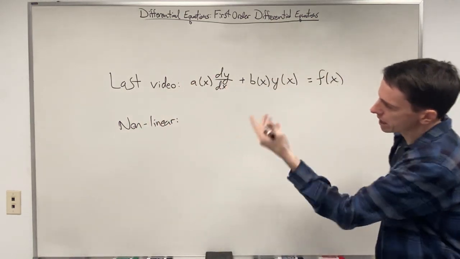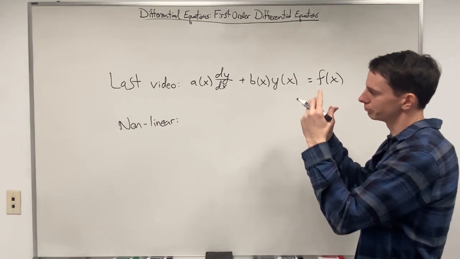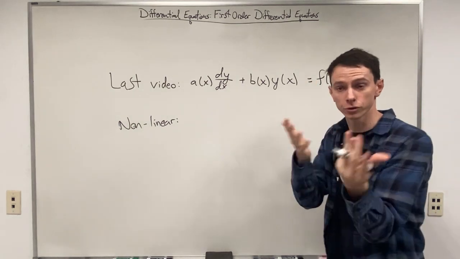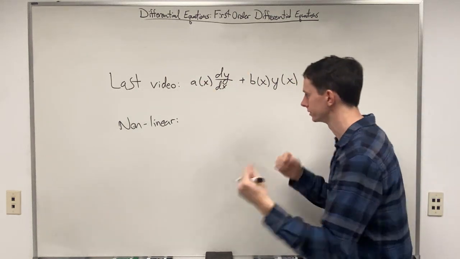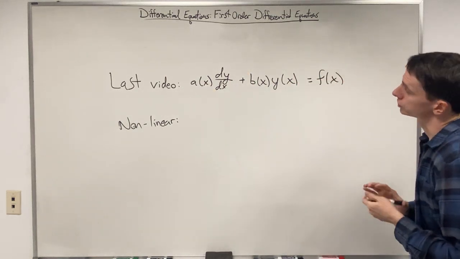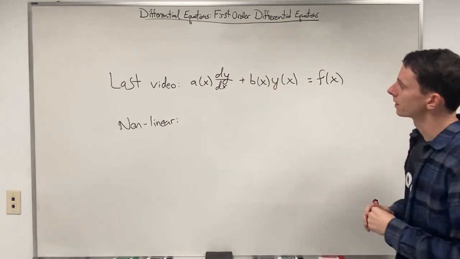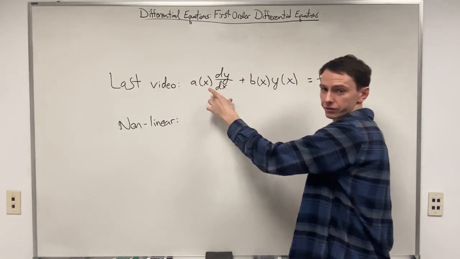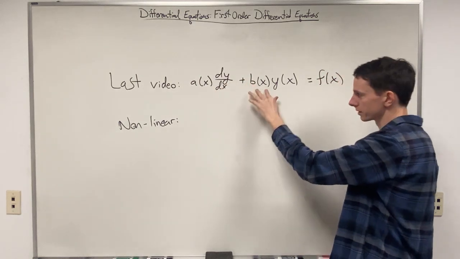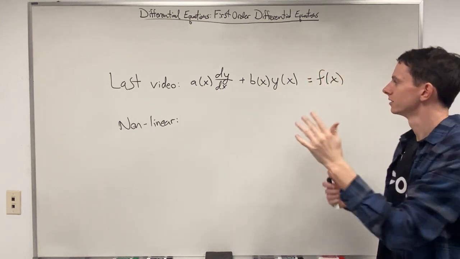And in order to talk about a nonlinear differential equation, I think it really makes sense to first make sure we understand why this is in fact a linear differential equation. So this differential equation that I already have written out is linear because we have something times the first derivative plus something times the function itself equaling the right-hand side.